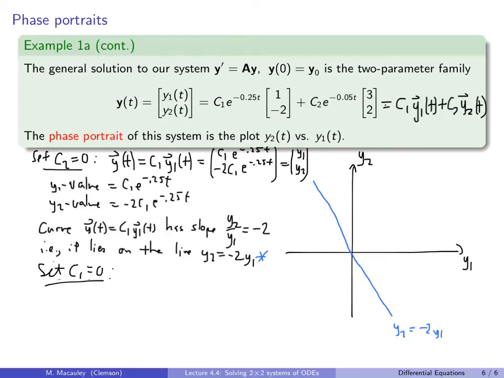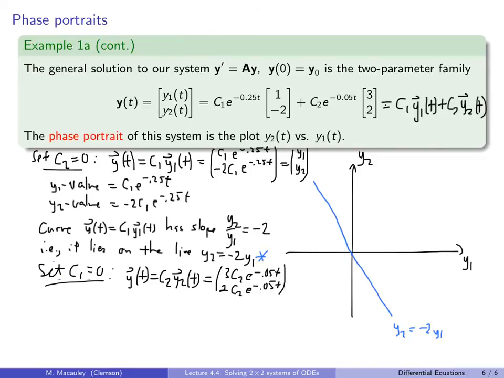And if I do that, y of t is c2 y2 of t, which is 3 c2 e to the negative 0.05t and 2 c2 e to the negative 0.05t.